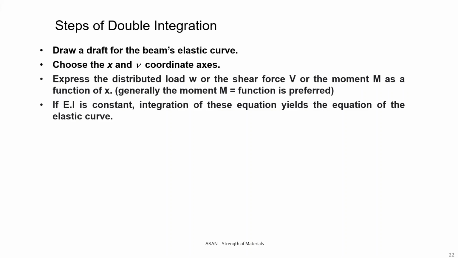We prefer to express the moment M as a function of x. You can also find V and W values as a function of x, but then you have to integrate more than 2 times. When you start with M, you just make the double integration.